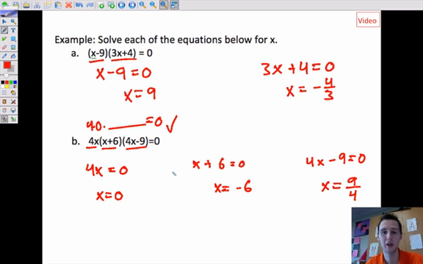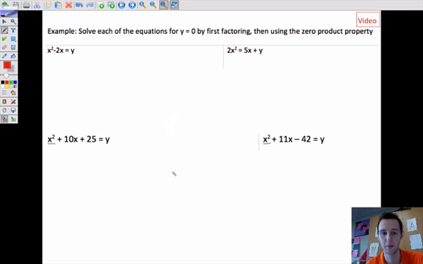Now sometimes you will have an equation in non-factored form or in expanded form or in some other sort of form. And so in order to factor it, honestly, it's just a problem solving kind of exercise. So there's no real secret to factoring. It's just one of those things that you do a whole bunch and then you get better at it as you practice.